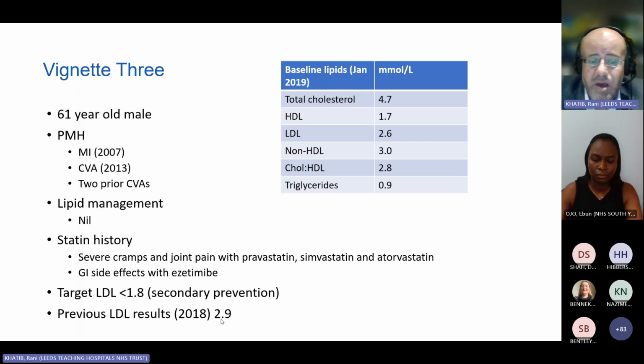Previous LDL results were 2.9. We do look at historic LDL readings to potentially explore if they would qualify for therapies such as PCSK9 inhibitors or inclisiran based on a trend.